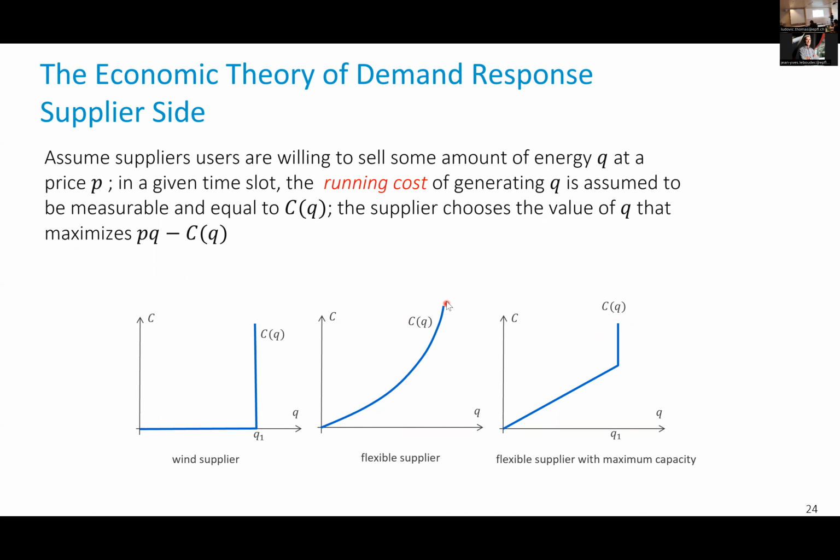But there's a limit somewhere. And if I increase more, then the marginal cost increases dramatically. Here, for example, for typical fuel burning systems, you might have things like this, where if I use more, then the system becomes less efficient. The cost per produced kilowatt is higher, and there's a limit. It goes to infinity at a limit.